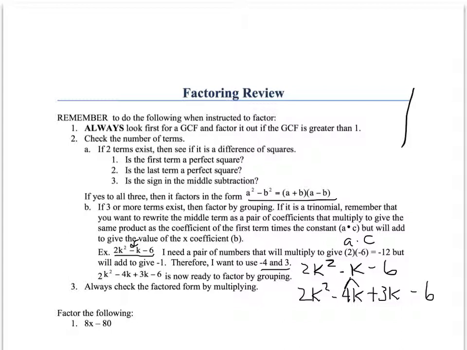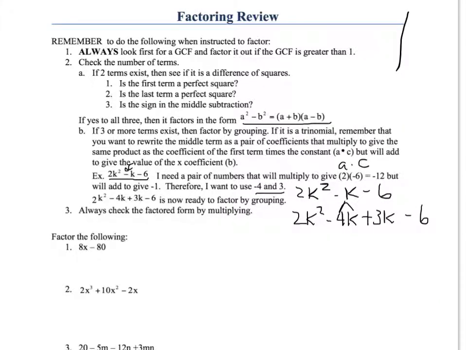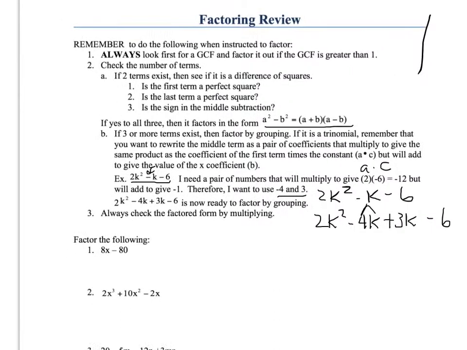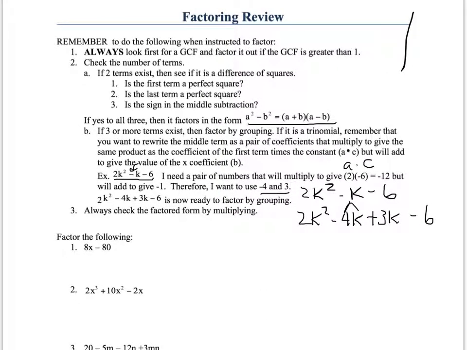Now, we look only at the first pair, and we factor out the greatest common factor. So in 2k squared minus 4k, my GCF is 2k.